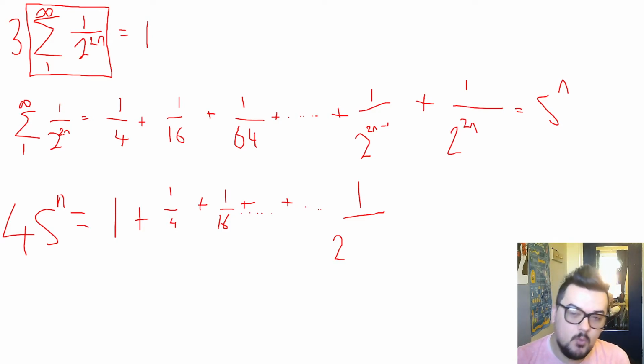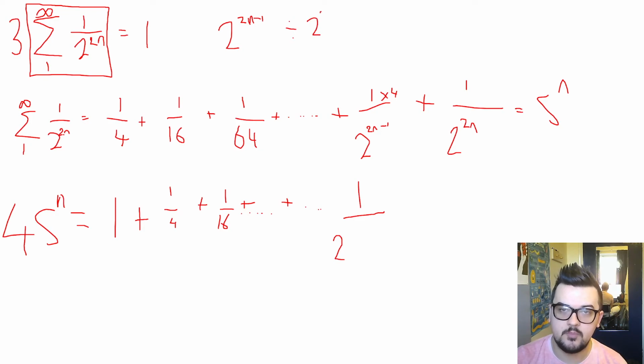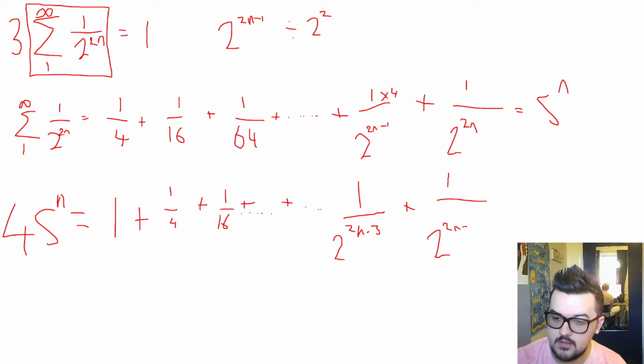Now, because we're multiplying the top by 4, it's going to be subtracting the 2 from this power, because we want to cancel this bottom term by 4. 4 is 2 to the power 2, so we're getting these things with the same power, so we can do some subtraction. 2 to the 2n minus 1 divided by 2 to the power 2, we can just subtract, and we're left with 2 to the 2n minus 3, and then the next term along is just 1 up, 2 to the 2n minus 2.